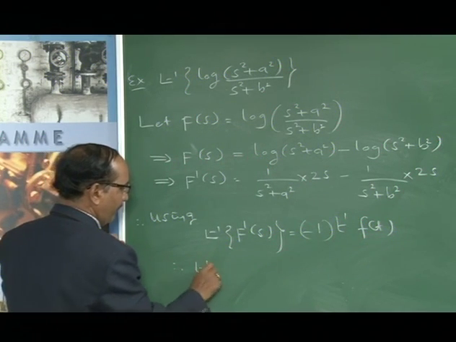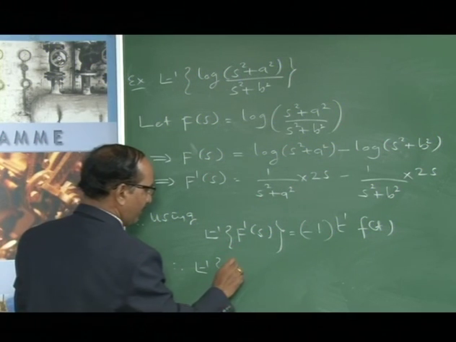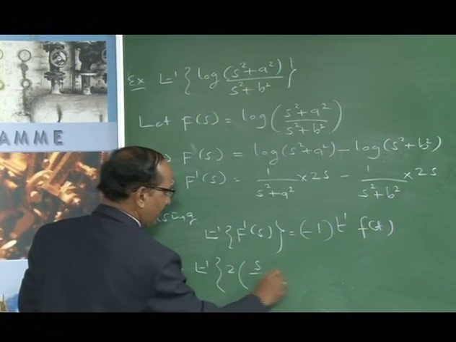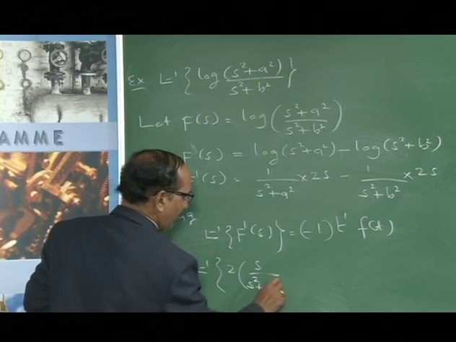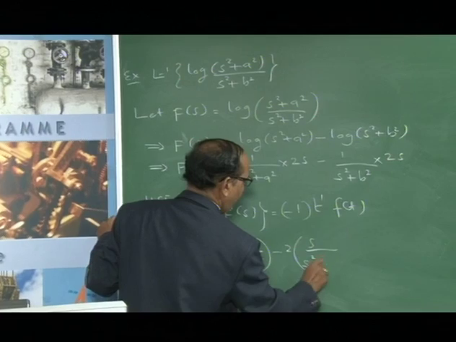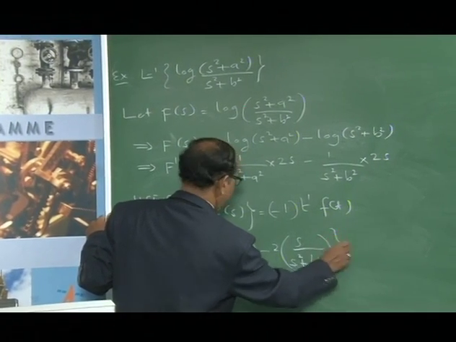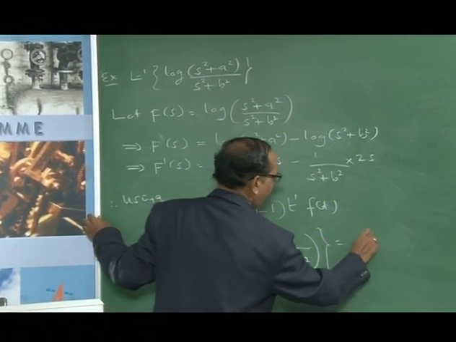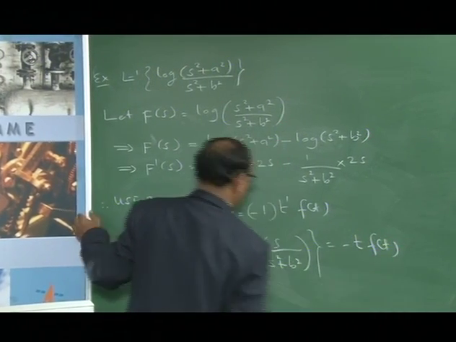Substituting f dash s, there are two terms: 2 into s divided by s square plus a square minus 2 into s divided by s square plus b square, and the right hand side is minus t into f of t.